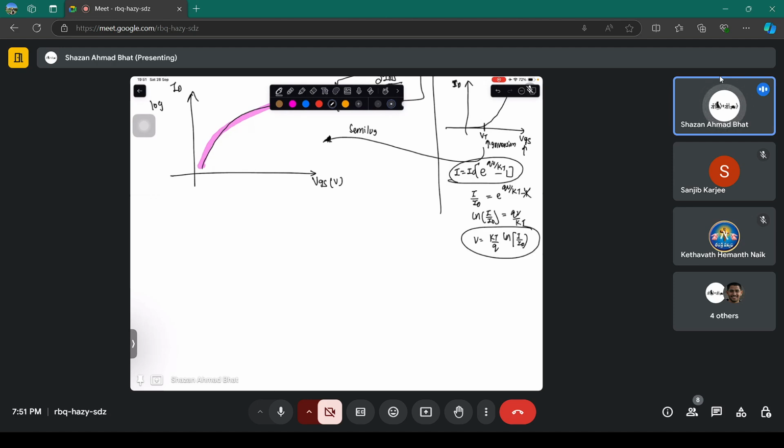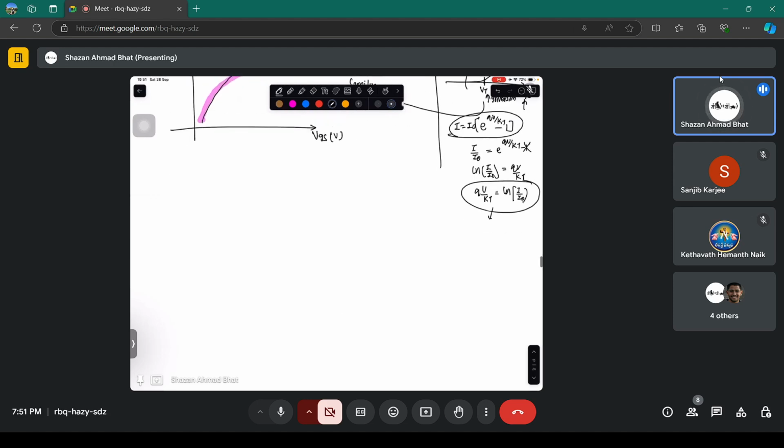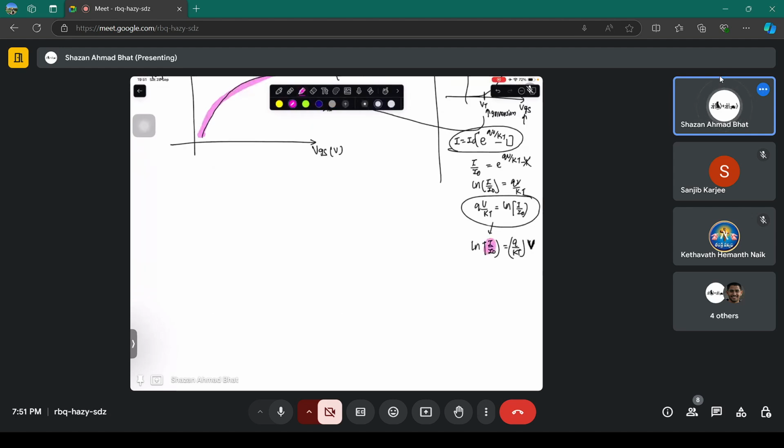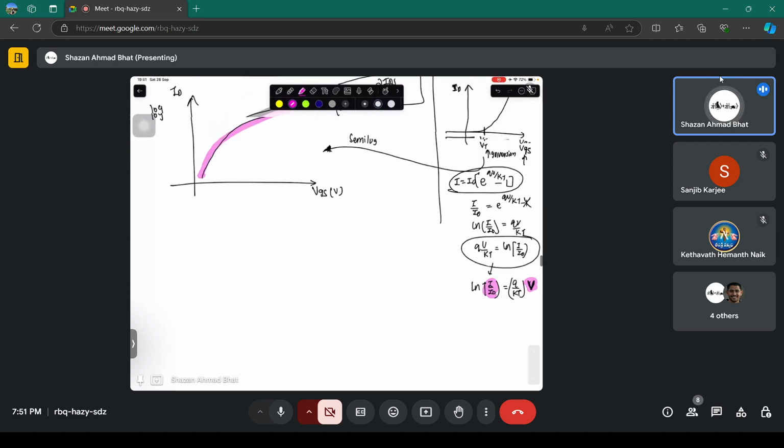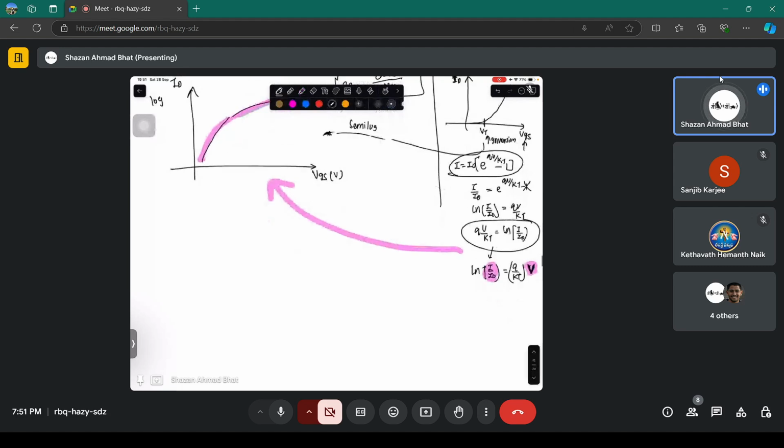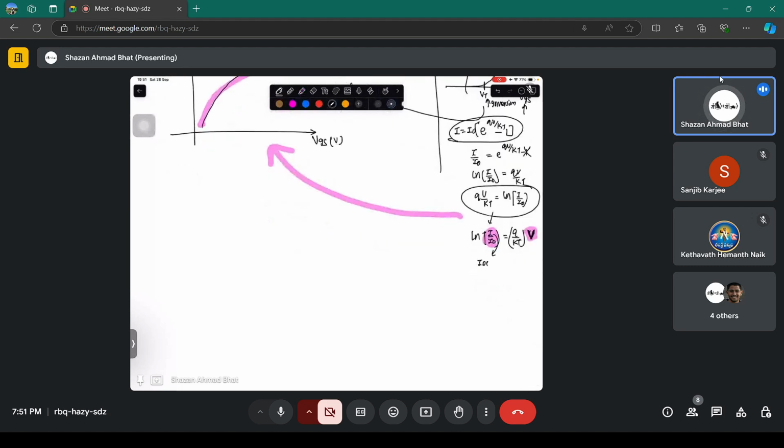You can now plot ln of I by I naught versus V by kT. If you plot ln of I by I naught equals q by kT times V, that is this particular plot. The concept here is that this I is the drain to source current, this V is VGS, and this is the slope kT by q.